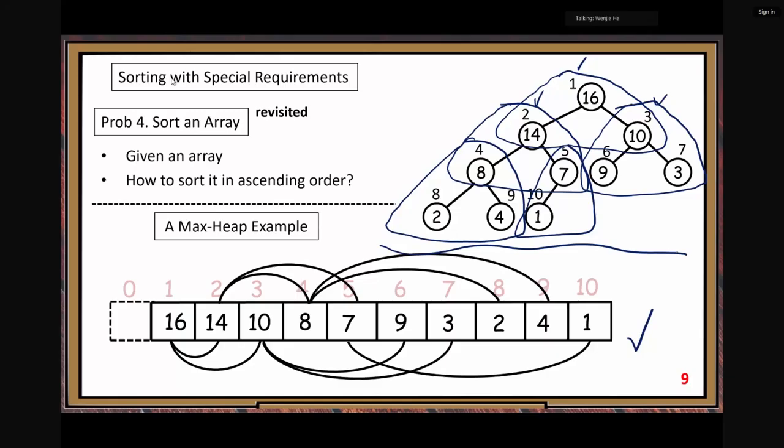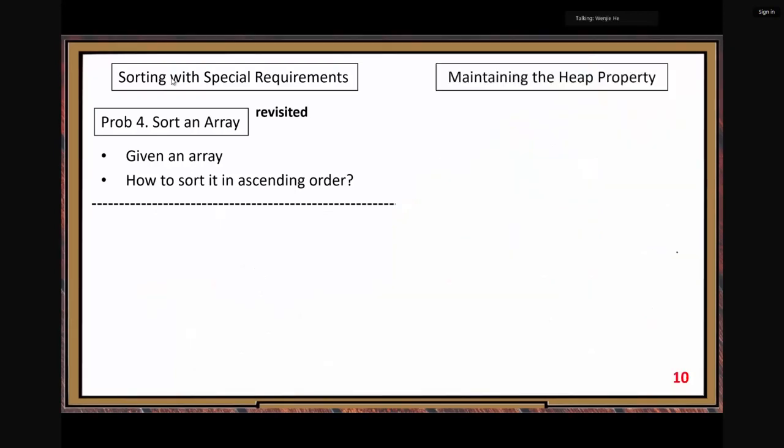So, max heap. After you understand this structure, next we need to work on, remember, the 3 requirements. We need to use this data structure to do the sorting following the 3 given requirements. First, maintaining the heap property. We need to study some basic operations.